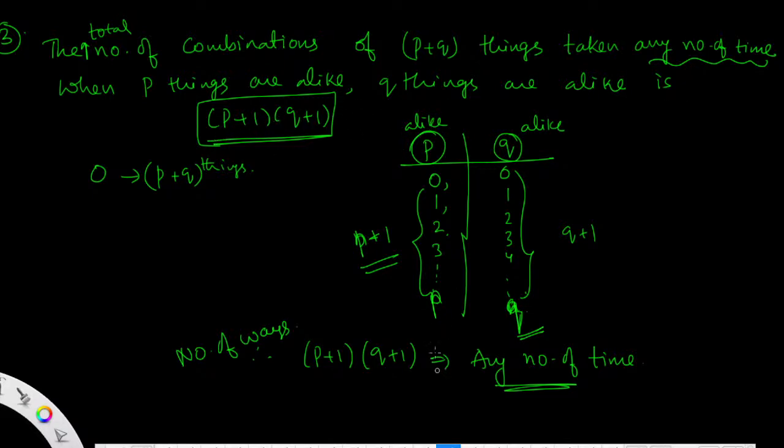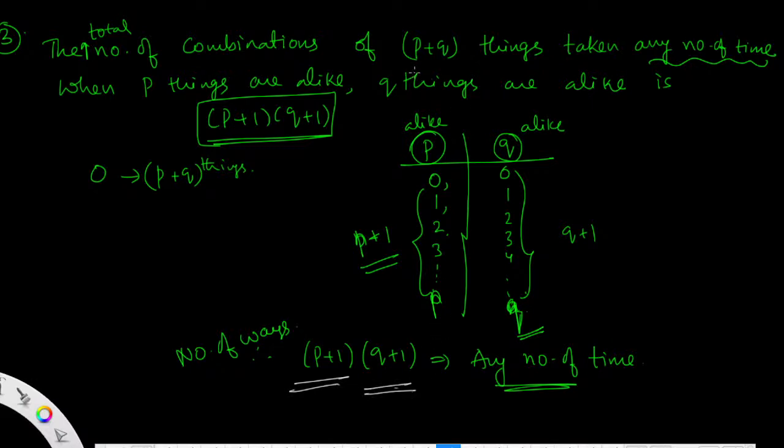Out of p things that are alike, we can select 0 things, 1 thing, 2 things, up to p things. Therefore the number of ways is p plus 1. And out of q things that are alike, we can also select 0, 1, 2, and so on up to q things. The total number of ways is q plus 1. Therefore the formula is p plus 1 into q plus 1.